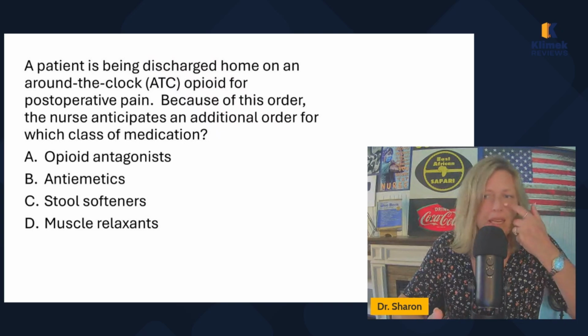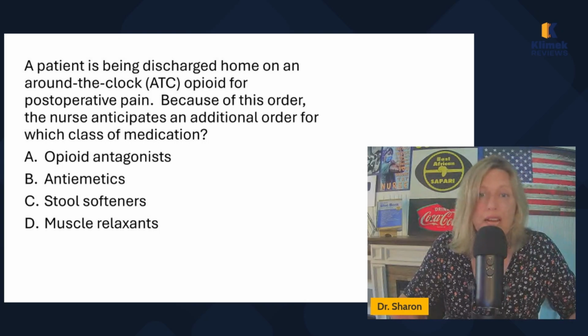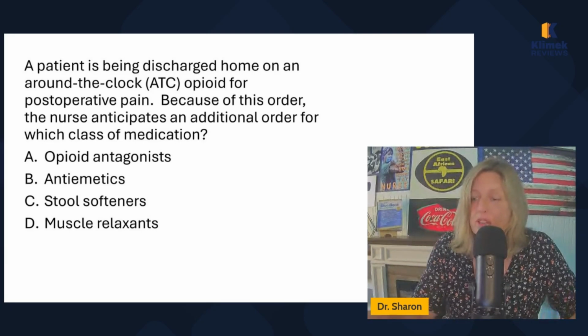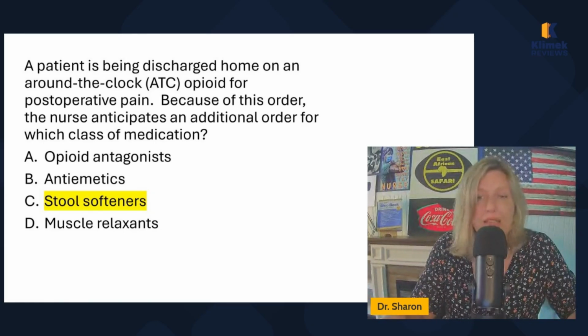Muscle relaxants, not usually. There's no side effect from opioids of muscle contraction. So the only one that I know of for sure that we frequently give a medication to treat the side effect is constipation. So stool softeners make sense.